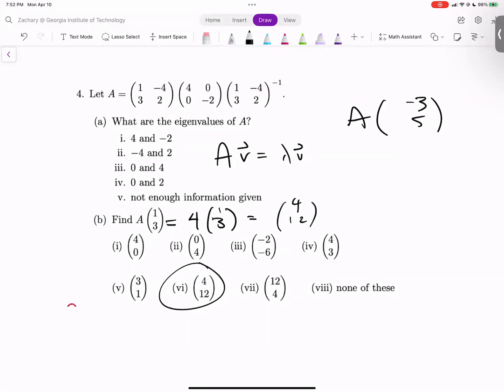Because if this is diagonalizable, how many vectors do I have? 2 in this case, or n, right? If I have n eigenvectors, it's diagonalizable. And if I have n eigenvectors, and by definition they're all linearly independent, what do all of my eigenvectors span?